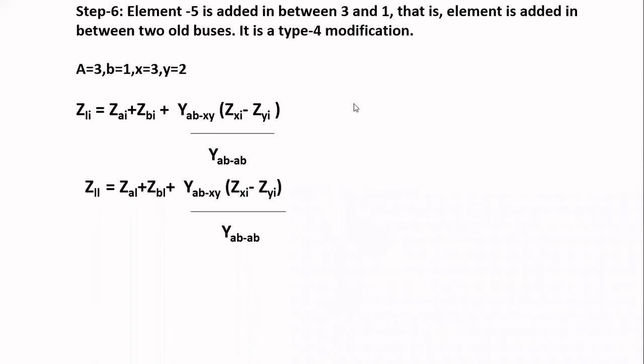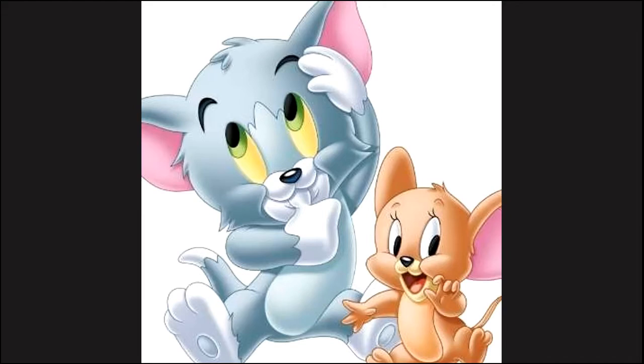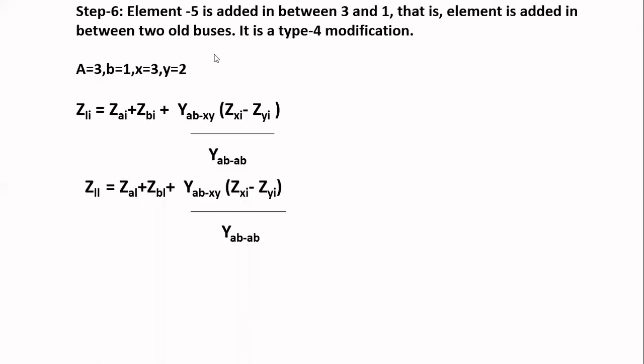If the element is added in between the two buses, then it is a type 4 modification, which is the link.